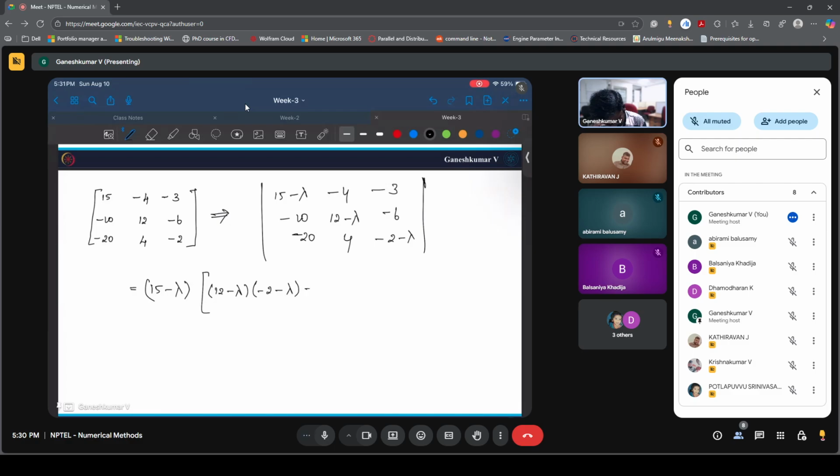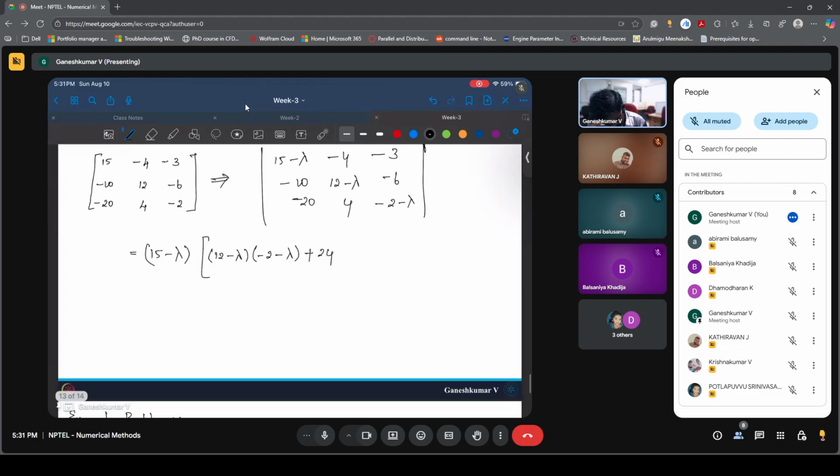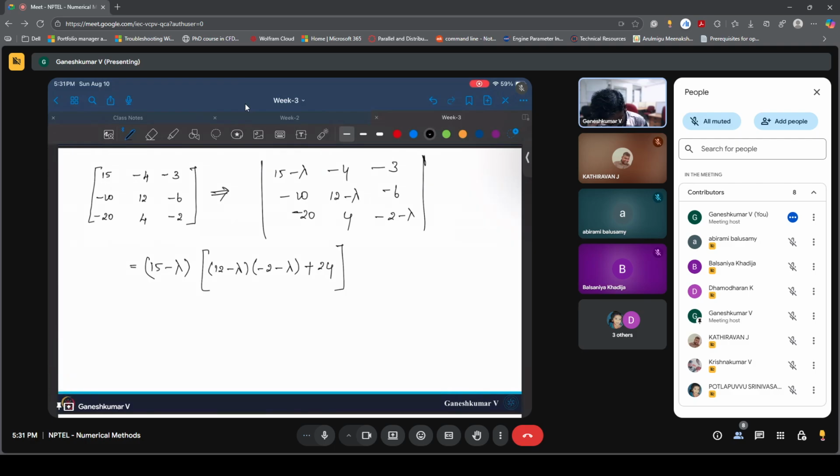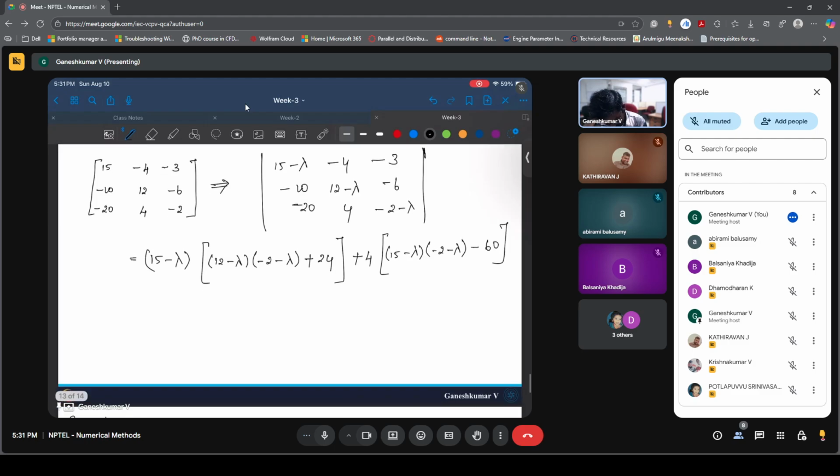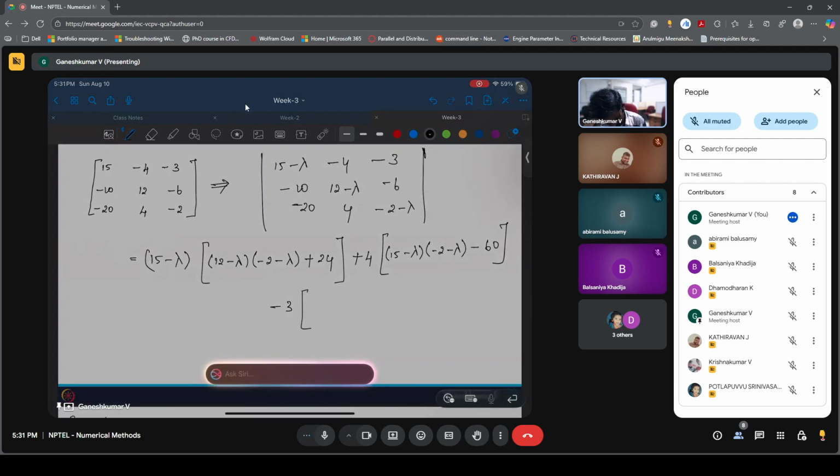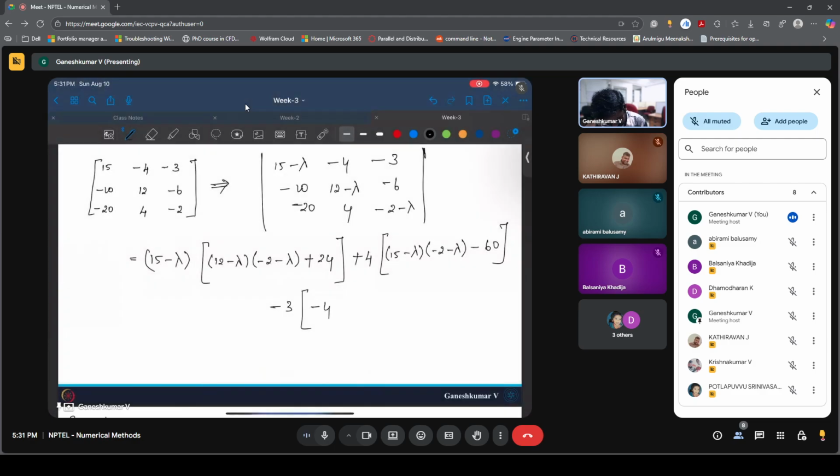Plus 6, 4, 24, plus 4 into 15 minus lambda, minus 2 minus lambda, minus 60, then minus 3, minus 40, plus 20 times 12 minus lambda.